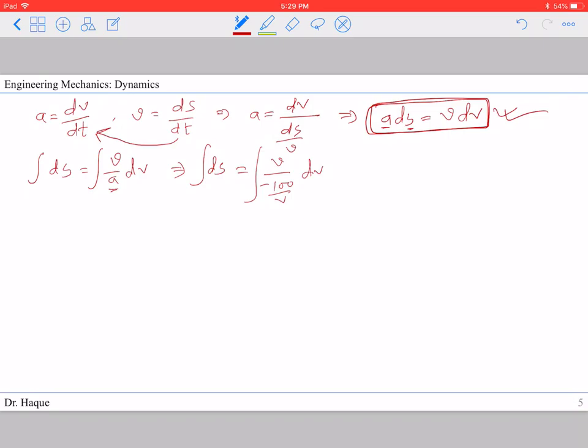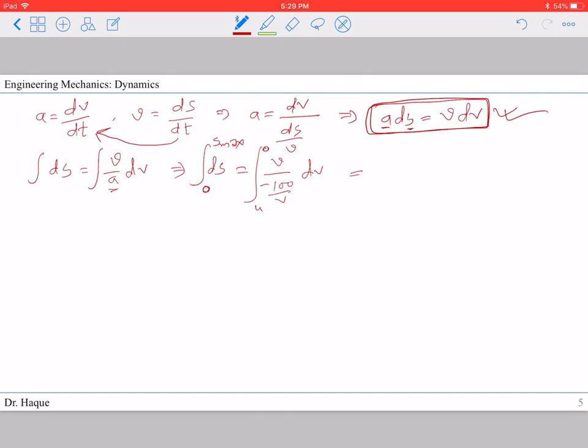The limit of s is 0 because we don't know an initial position, so we assume that is 0, and we want the final, that is s max. The initial velocity is u, and the final velocity is 0.